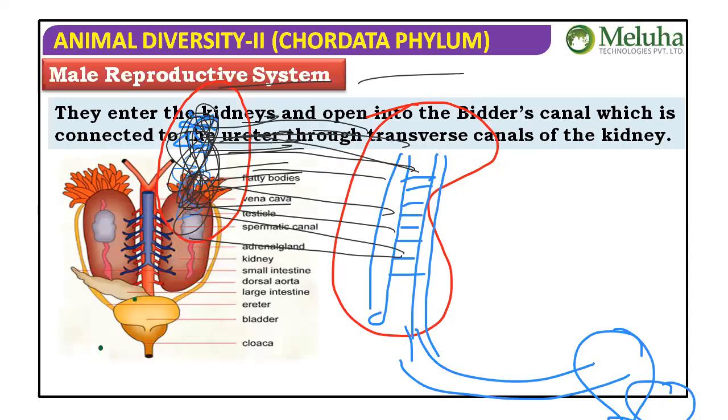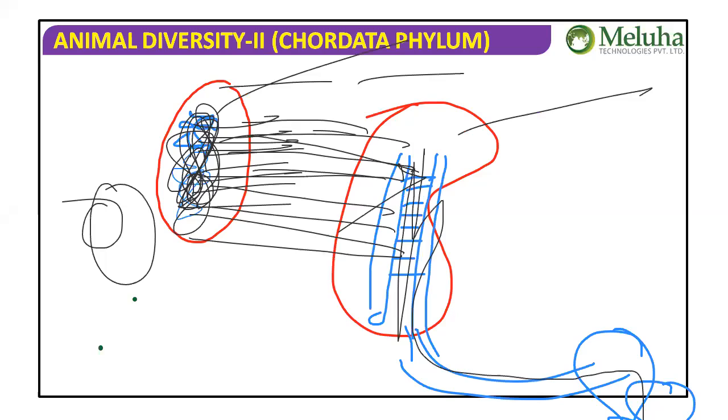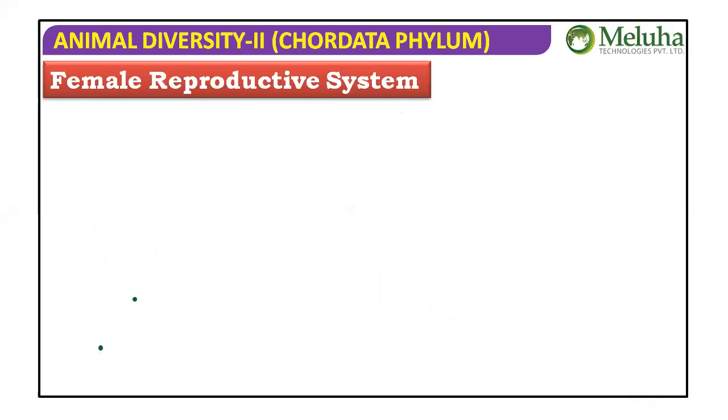This is the kidney and this is the testis, shown for your visualization. Sperms are transported into the Bidder's canal, from there into the ureter, and finally to the cloaca via the urinogenital duct, urinary bladder, and cloaca.